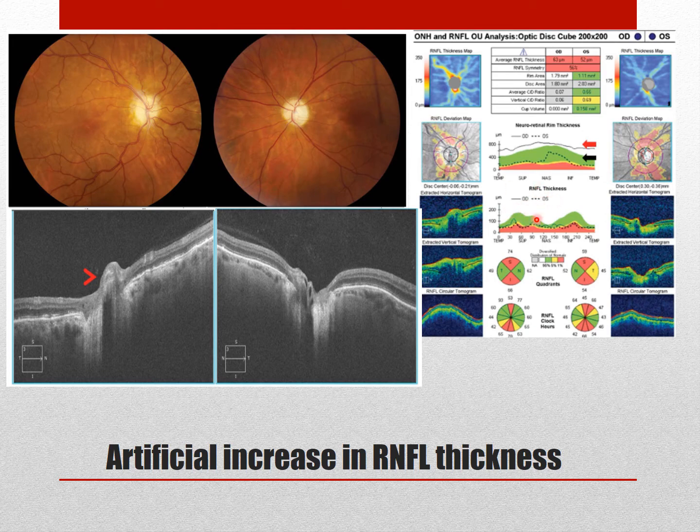Looking here at the nerve fiber, you definitely see that there is loss, more so in the left eye than the right. And everything here can be translated down to the quadrants and the clock hours.